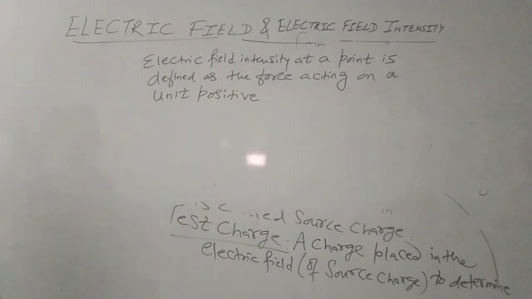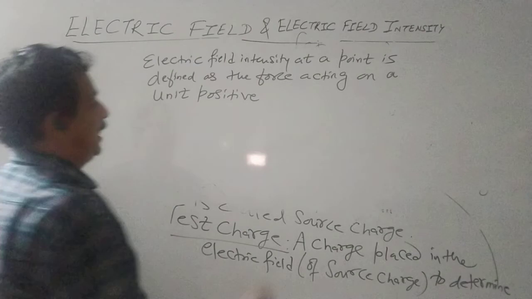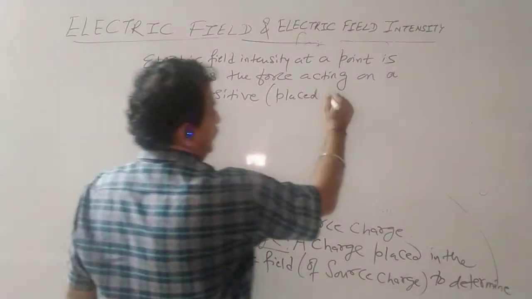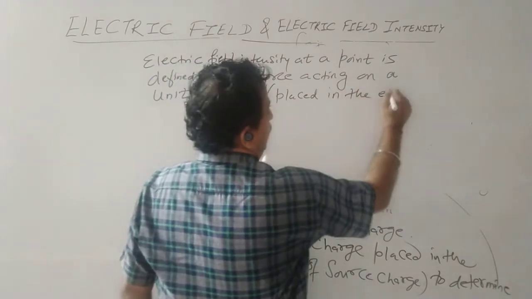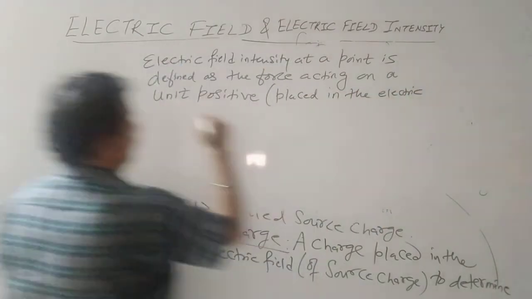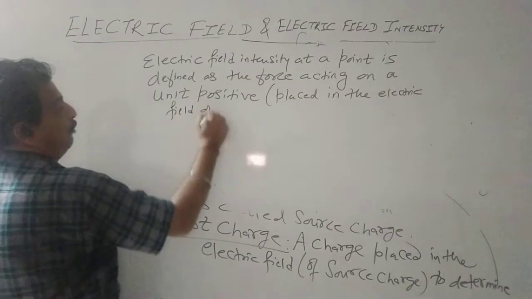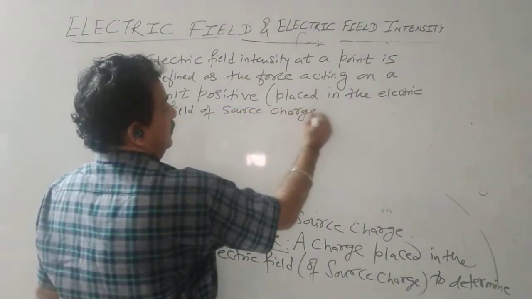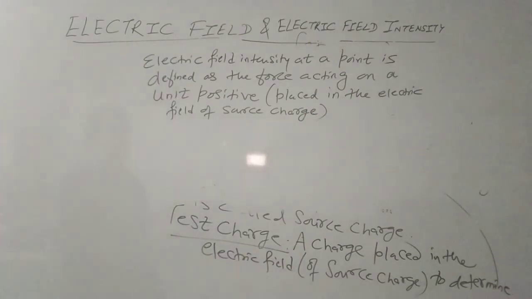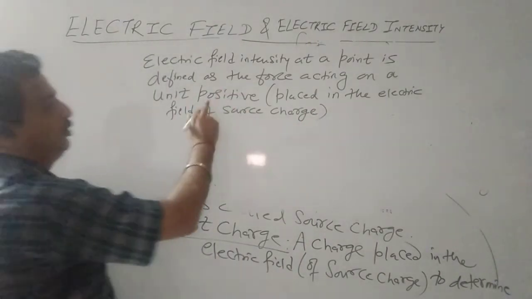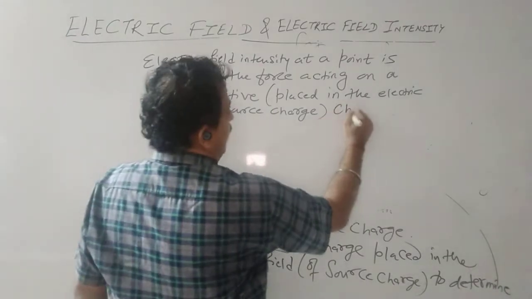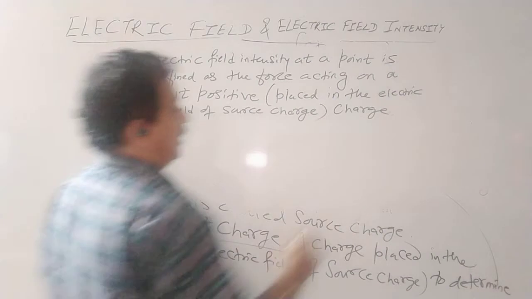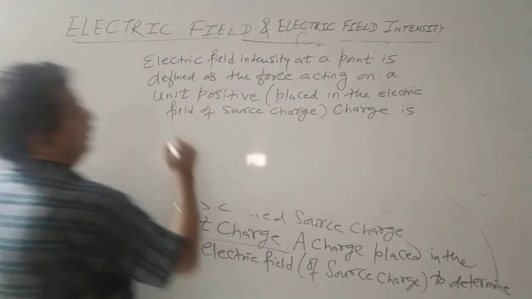Electric field intensity at a point is defined as the force acting on a unit positive charge placed in the electric field of source charge. So electric field intensity at a point is defined as a force acting on a unit positive charge placed in the electric field of a source charge.